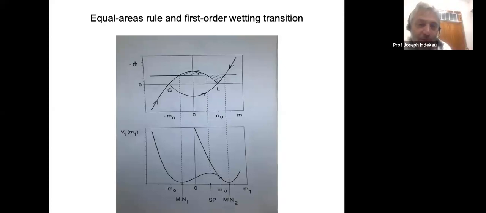But here we see that in this branch, there is a minimum here, maximum here, and a minimum here. Now, not surprisingly, the minimum here corresponds to the intersection of the wall boundary condition curve and the Lagrange, okay, and the first integral.